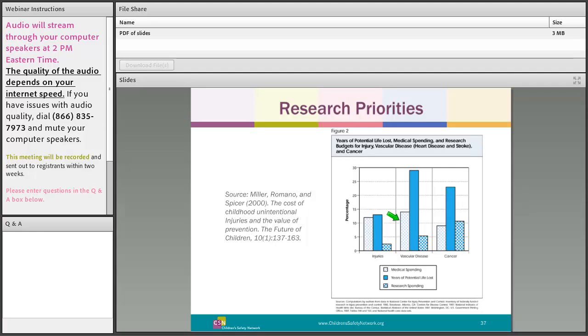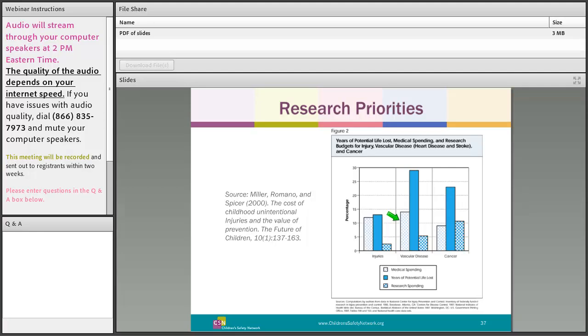Another way to look at it is to look at research priorities. It was a question that we asked quite a while ago, so this is a bit outdated. But we were looking at the research priorities, and we were asking, are federal funding patterns for healthcare research balanced? Where balanced means that the funding directed at a problem is proportional to its relative burden.